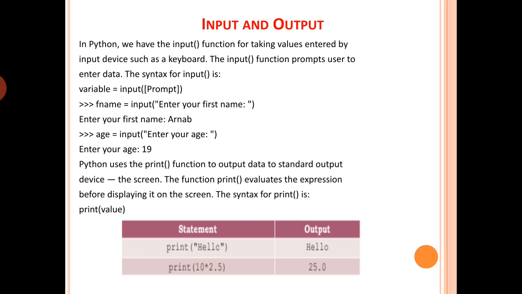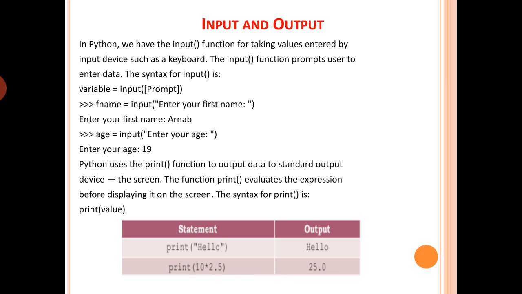Input-output statements. Students, sometimes we need to enter data or enter choices into a program. In Python, we have the input function for taking values entered by an input device such as keyboard. The input function prompts the user to enter data. It accepts all user input, whether it is an alphabet, numbers or special characters, as string.